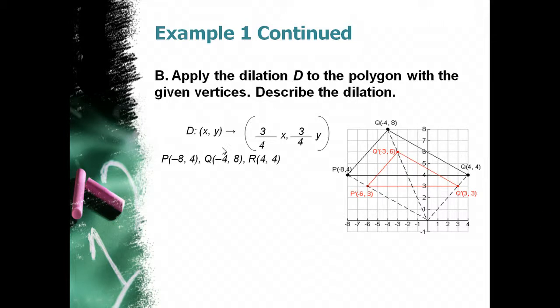So we have (x, y) mapped onto (3/4 x, 3/4 y). So we multiply each of the points by 3/4. Actually, the dilation goes to (-6, 3), (-3, 6), and (3, 3).